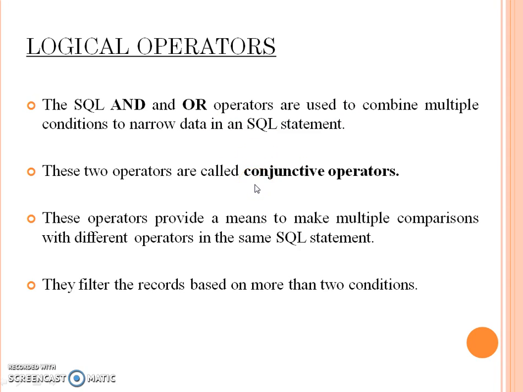These two operators are thus called conjunctive operators. These operators provide a means to make multiple comparisons with different operators in the same SQL statement. How this is done, we will see later in our example. Thus, these operators filter the records based on the conditions the user wants to check.